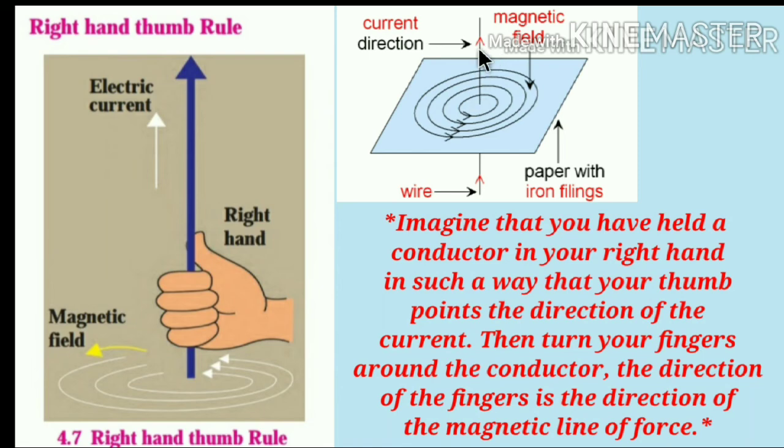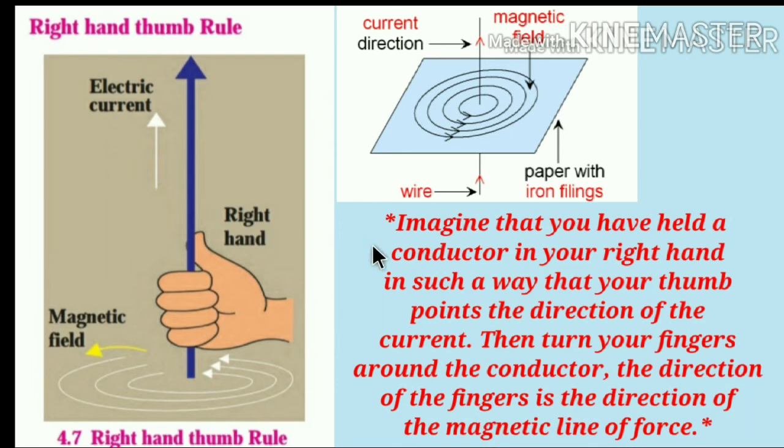When we join the circuit, the current carrying conductor acts as a magnet, and then the iron filings are arranged in this way. That is the magnetic line of force, and this is the magnetic field of this current carrying conductor. So by this activity we can understand this rule.